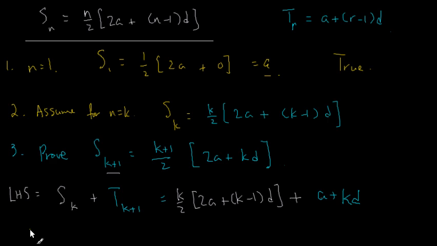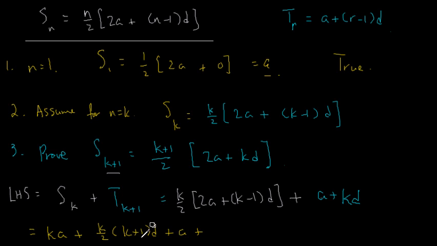So ka plus k over 2 times (k minus 1)d, plus a plus kd.